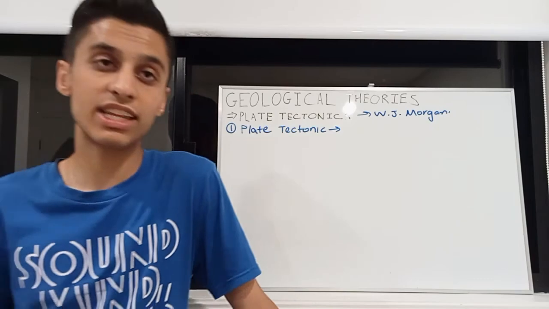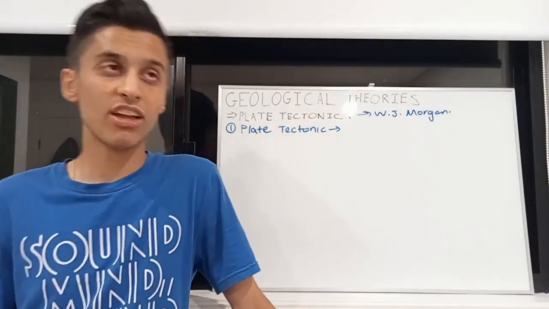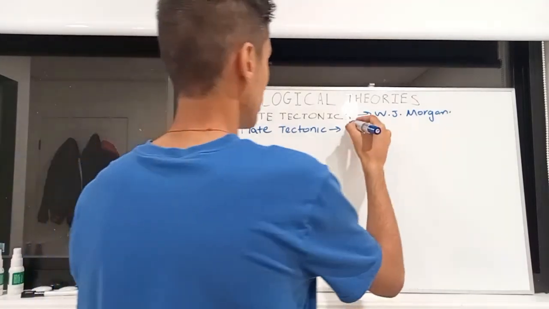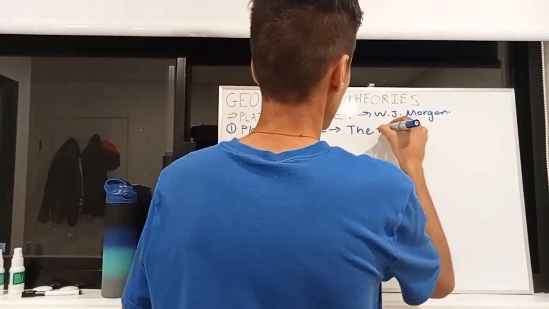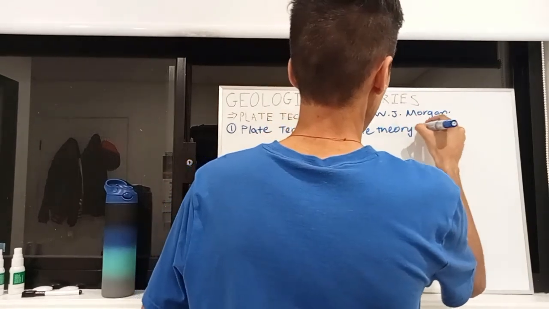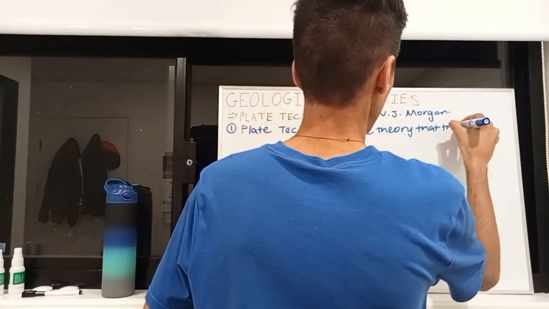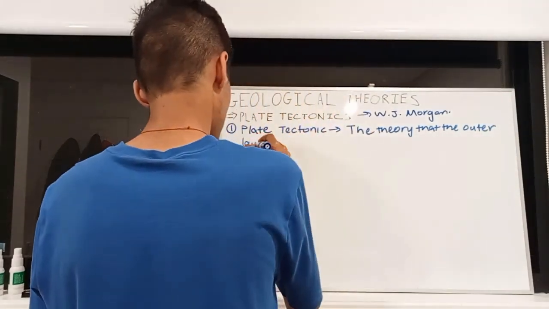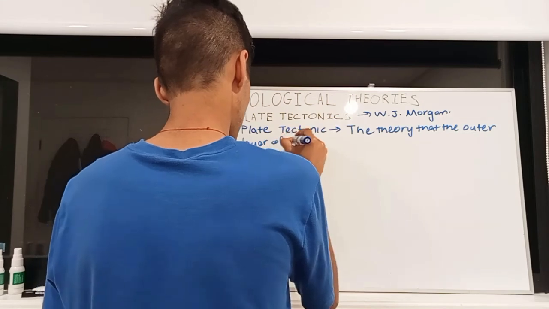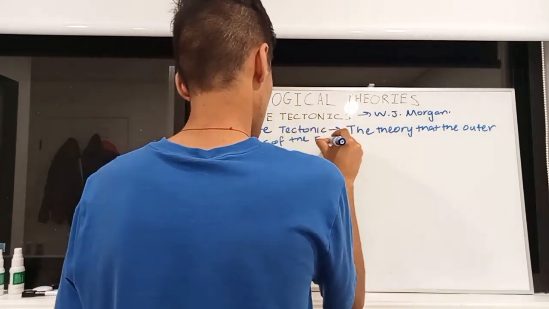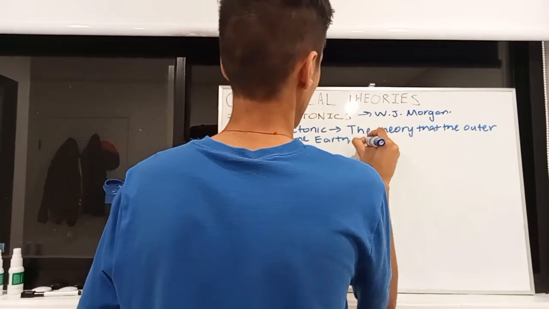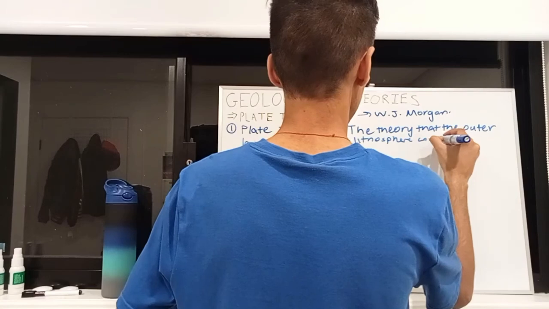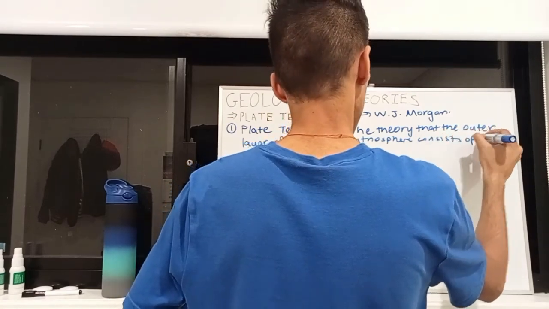Plate tectonics is the theory that the outer layer of the Earth, the lithosphere, consists of separate large plates.